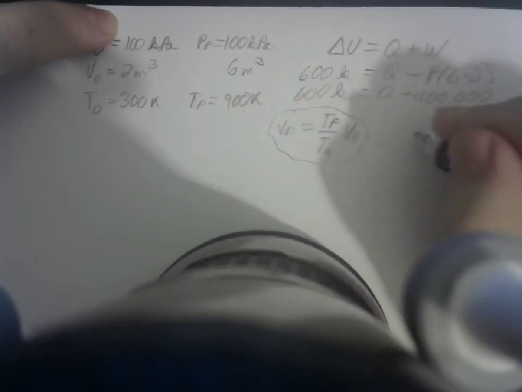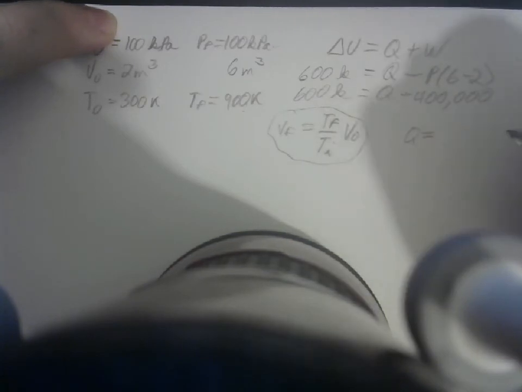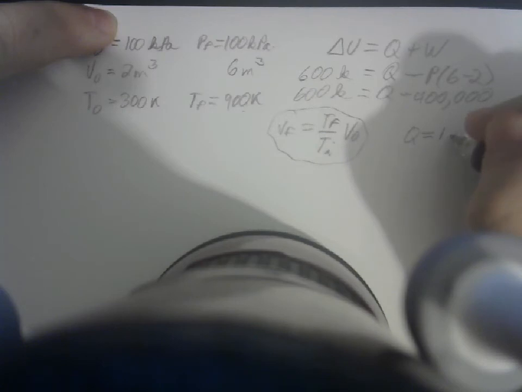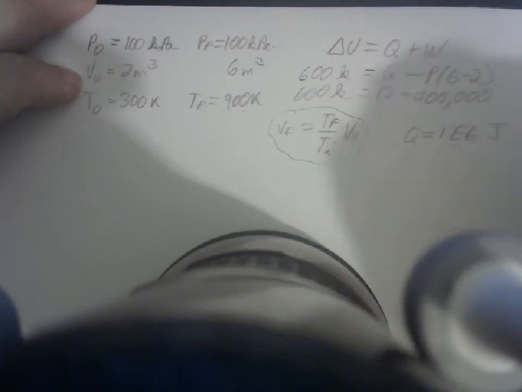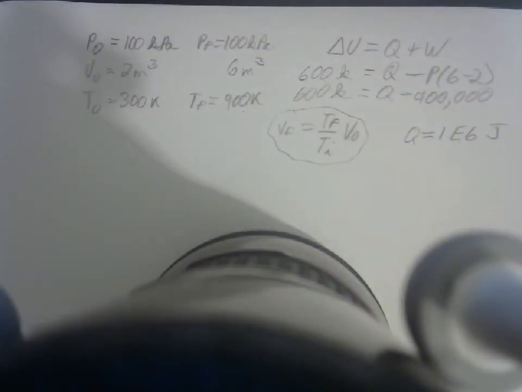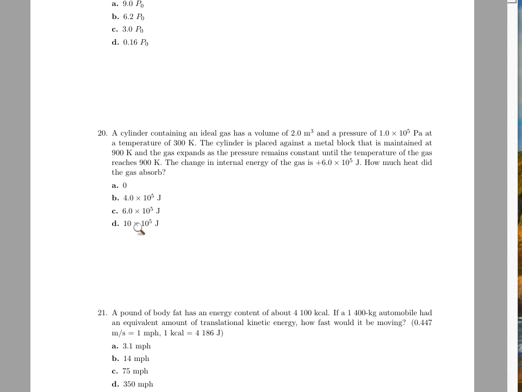So Q in this case is going to be 600 plus 400 is 1,000,000 or 1 E6 joules, 1 megajoule, or 1,000,000 joules, D.